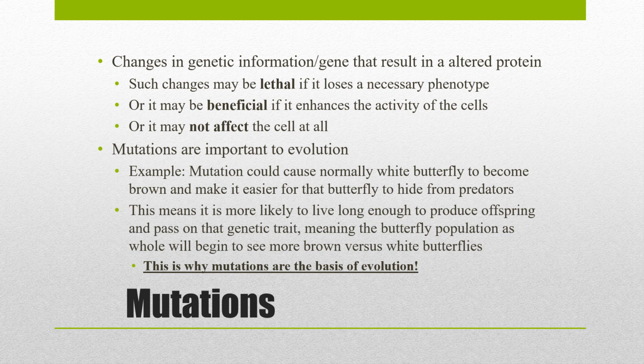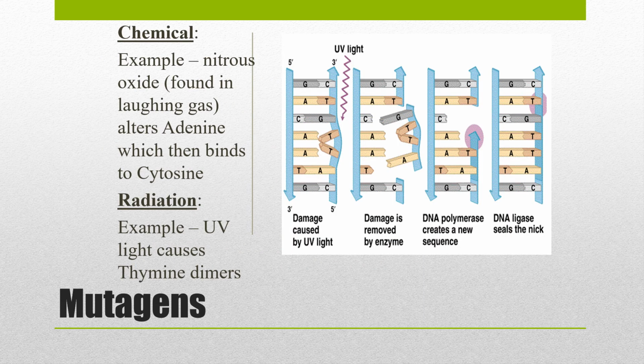For nearly all cells, there are two main mutagens, which are going to be components that make it more likely for a mutation to occur. And these make sense, especially when you think about it. There can be chemical mutagens and radiation-based mutagens. Chemical mutagens can be things like gases, carcinogens, things like that.